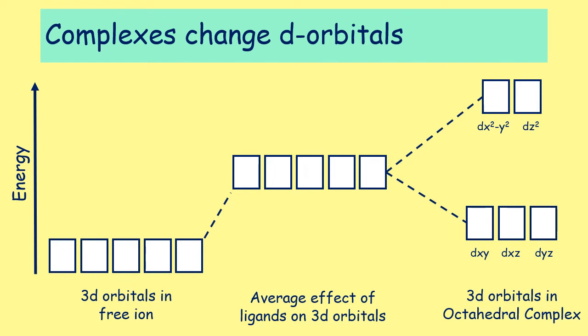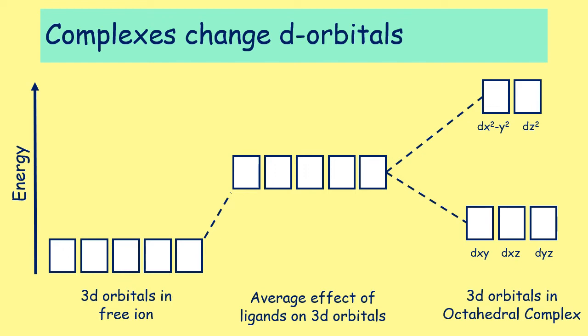The reason for this is because if you remember the d orbitals, 3 of the d orbitals, when you draw the cross shape, that cross points between the x, y and z axis. Then there's 2 d orbitals which point directly along the x and y axes.